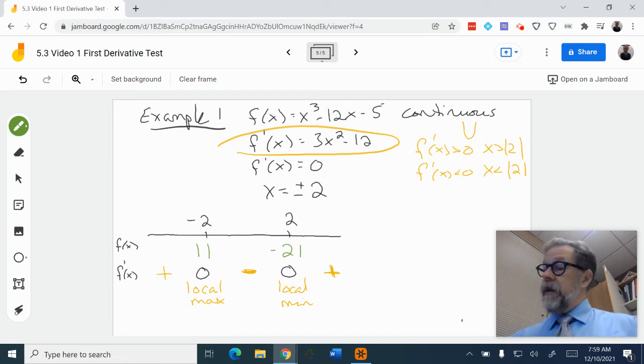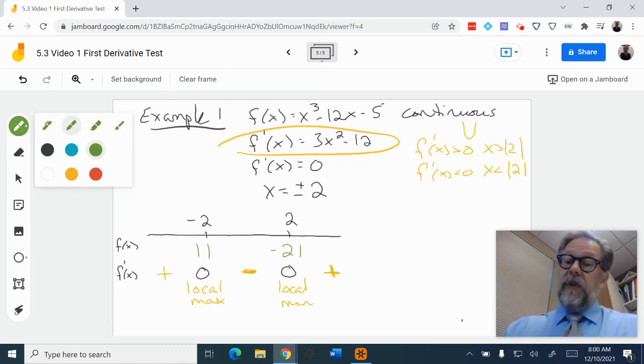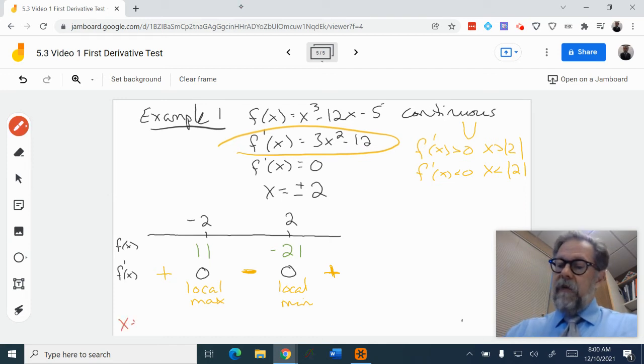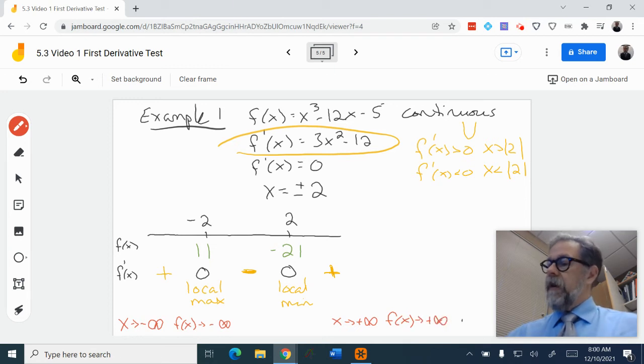And now what I need to do is figure out whether any of these are absolutes. Well, what happens as x goes to negative infinity? This function goes to negative infinity. It is a cubic. And as x goes to positive infinity, this function also goes to positive infinity. Again, end behavior of a cubic.